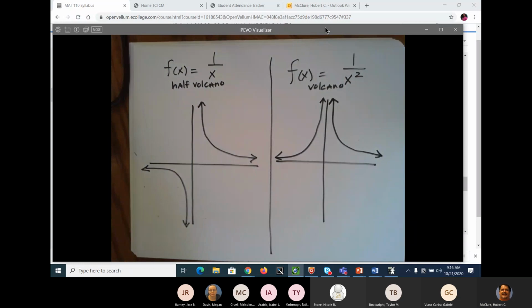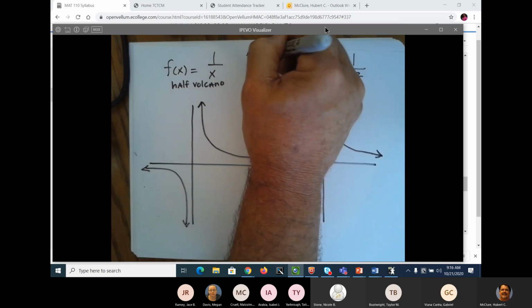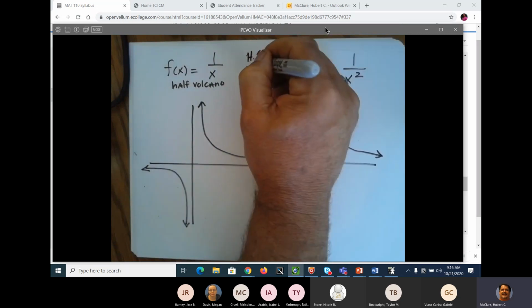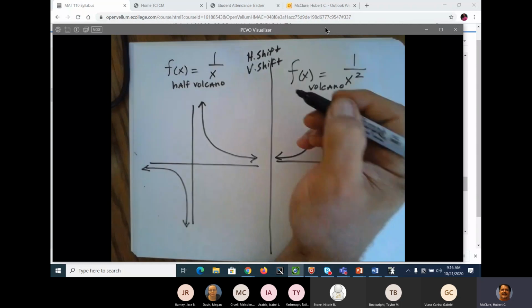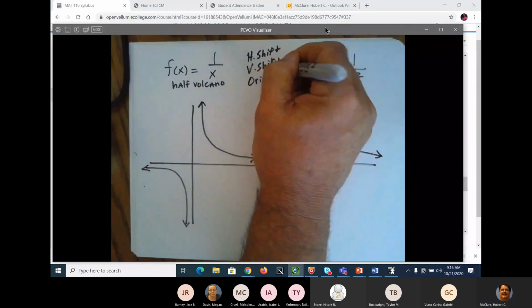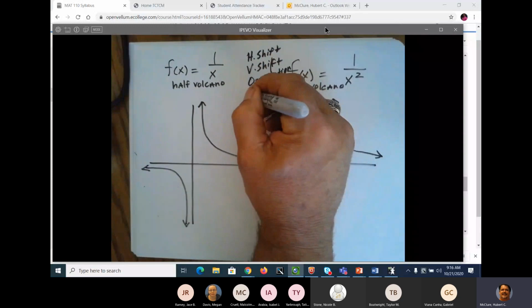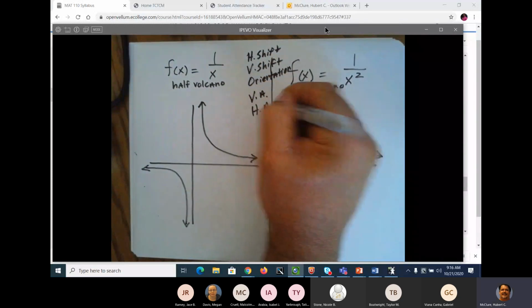Now, in 5.1 and 5.2, you're going to be studying horizontal shift, vertical shift, orientation, and your vertical asymptotes and your horizontal asymptotes.